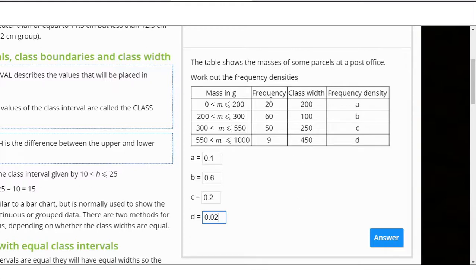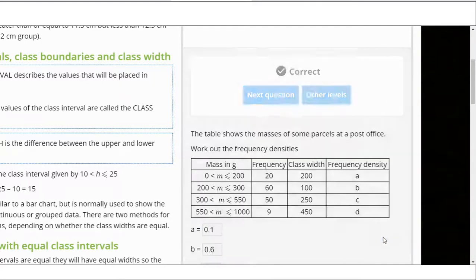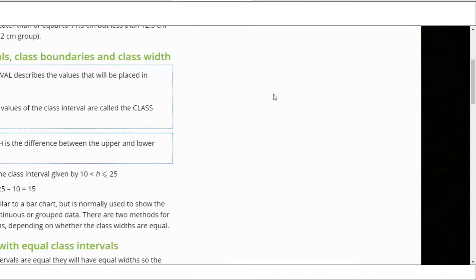So just divide the frequency by the class width to find the frequency density. It's correct again.